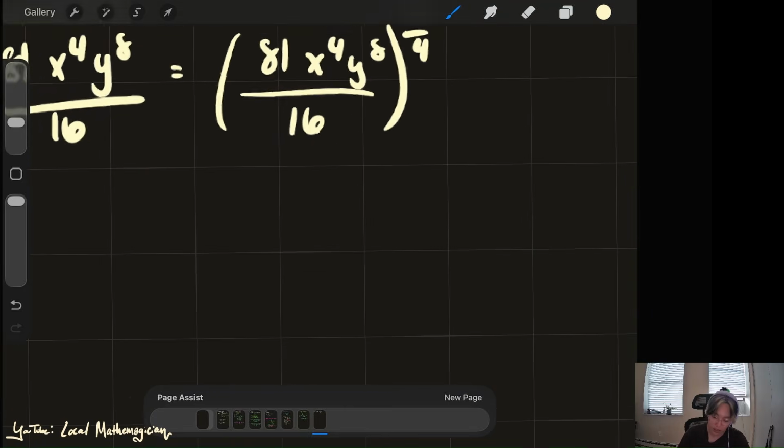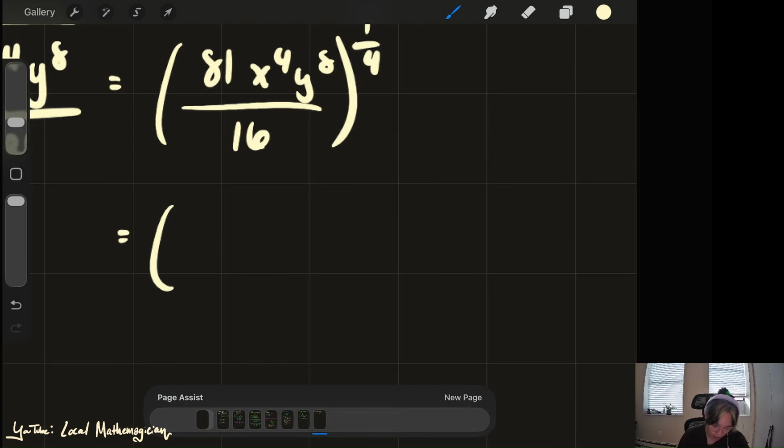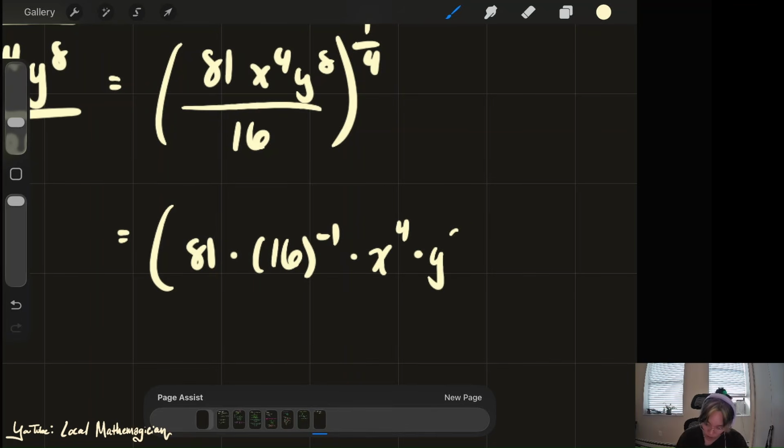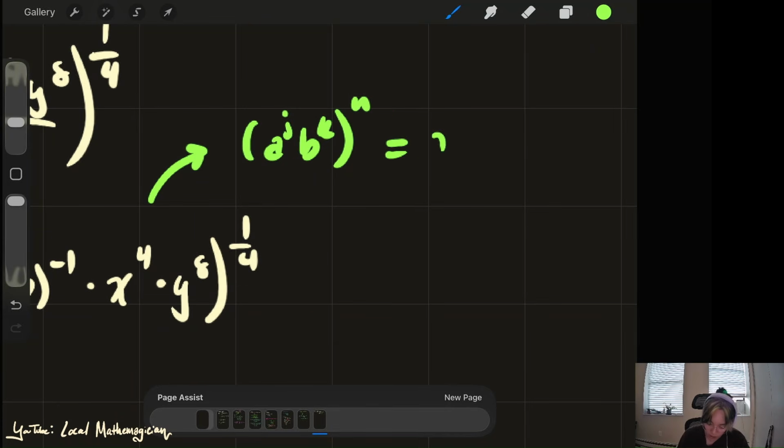And then we know how this works, right? This is the same as saying 81 times 16 to the -1 times x to the fourth times y to the eighth, all to the 1/4. Wait a minute. We know that, let's say, a to the j, b to the k, all to the n, is equal to a to the j times n, b to the k times n.